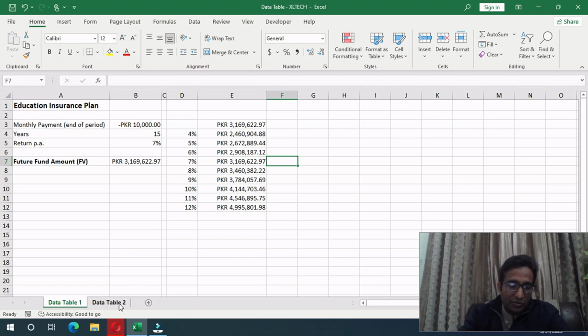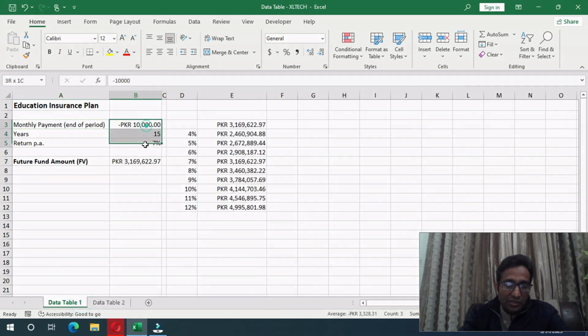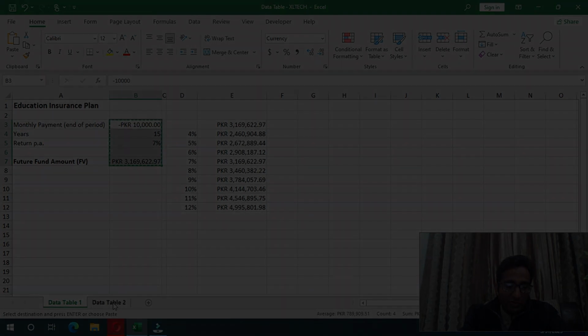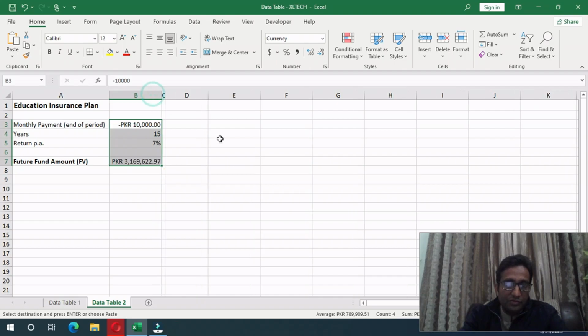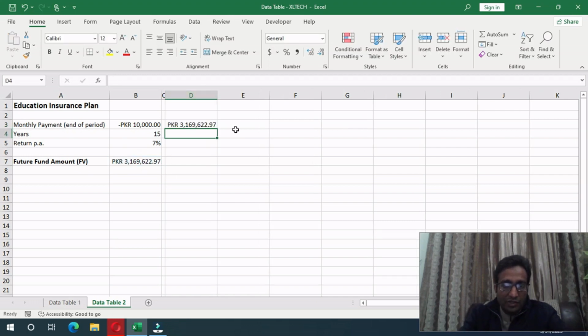So now we are going to see if we change the years and the rate of return both. Let's take this example forward. As a reference, we will get this value here. Now we will change the years and put the years in the row form.